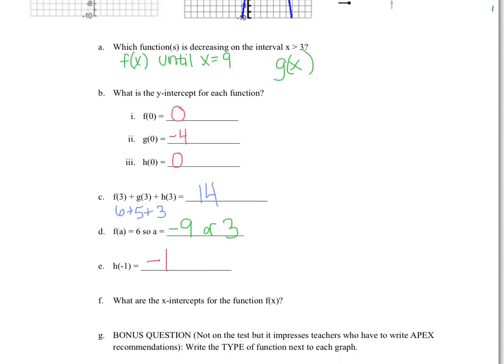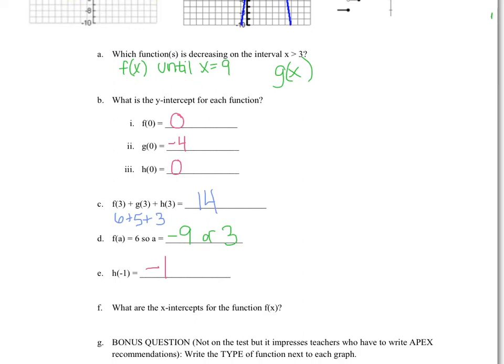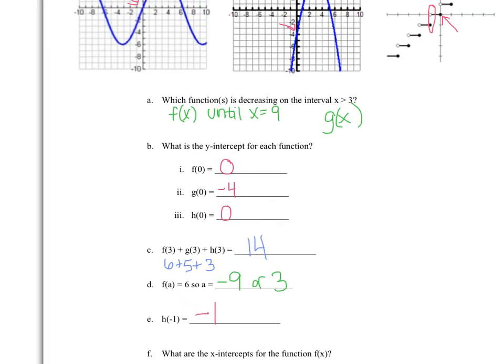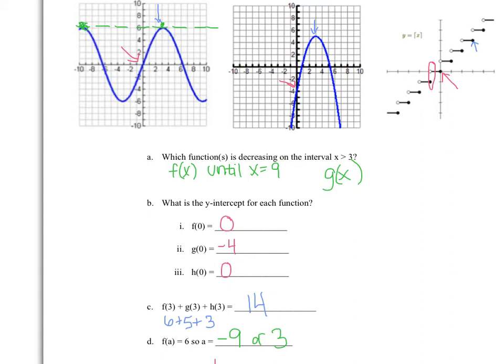Next question, what are the x-intercepts for the function f of x? So the x-intercepts are where my graph crosses the x-axis. So that's going to be here, here, and here. I know they're not the most exact.